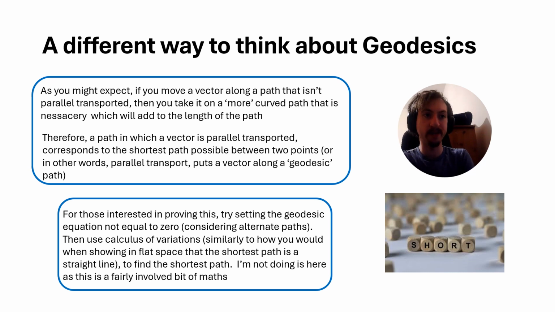Obviously the tangent vector isn't going to be 0, otherwise you wouldn't have a curve in the first place, and correspondingly when you multiply the tangent vector with the covariant derivative of the tangent vector, you're going to get something that isn't 0. So if you set the geodesic equation to something that isn't 0, you're allowing a generalization, you're allowing the possibility of non-parallel transport of your tangent vector.